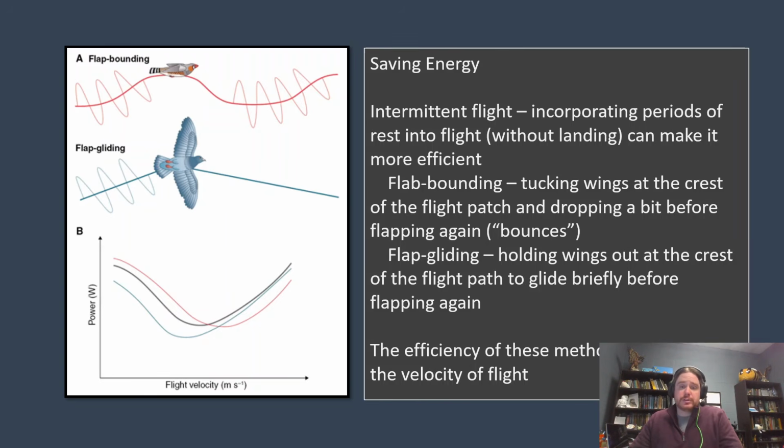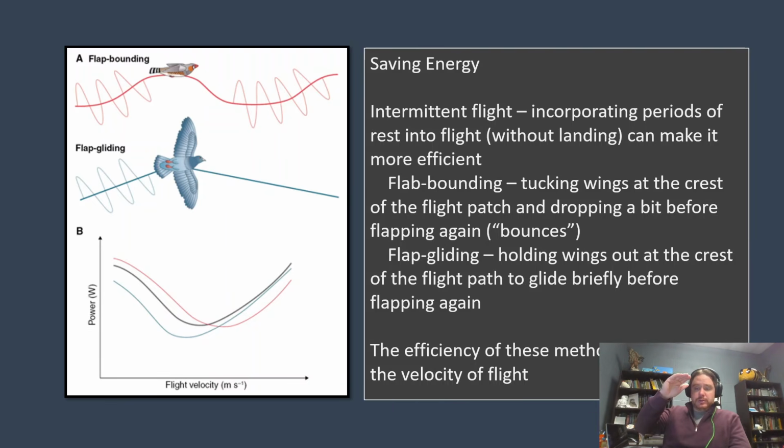So intermittent flight is just basically periods of brief rest in between bouts of flapping or otherwise using up energy in flight. So some birds, what they will do is they will do a hard downstroke that bounces themselves up. There might be a few strokes, and it bounces themselves up into the air with a really hard flap.